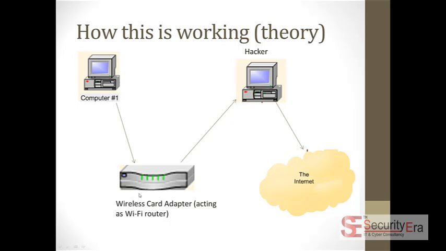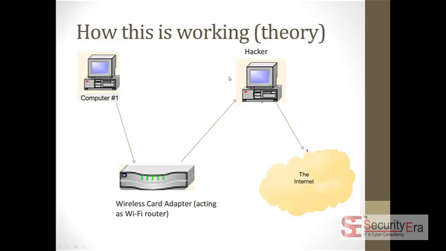Once they connect to it, the hacker machine will know they've connected to it, and if they send a request to Google, it'll send the request to the wireless card, in this case not a real Wi-Fi router. The wireless card will then relay that back onto the hacker machine, and the hacker machine will need to be connected to the internet through different means. So a hacker machine might have two wireless cards.